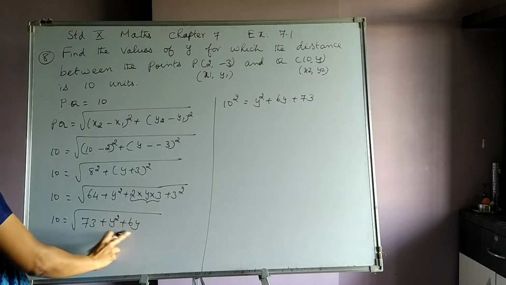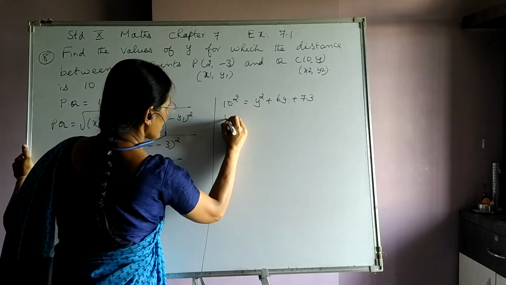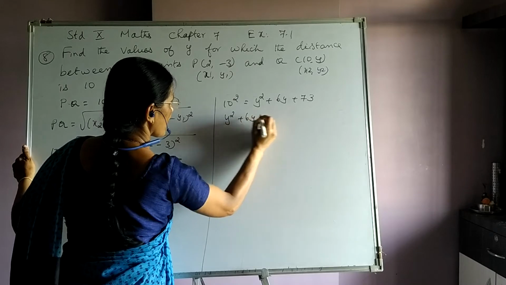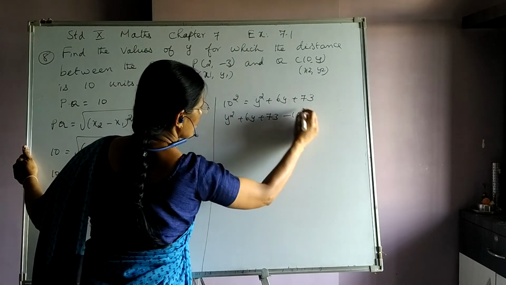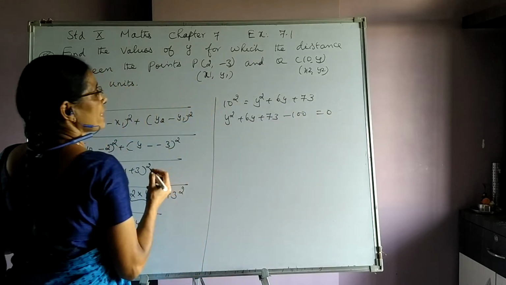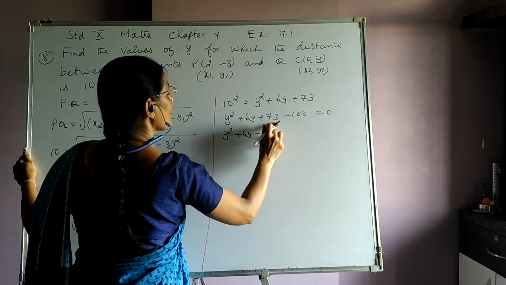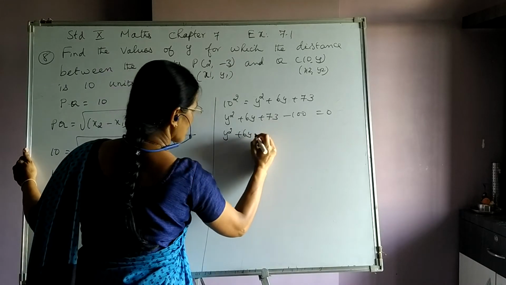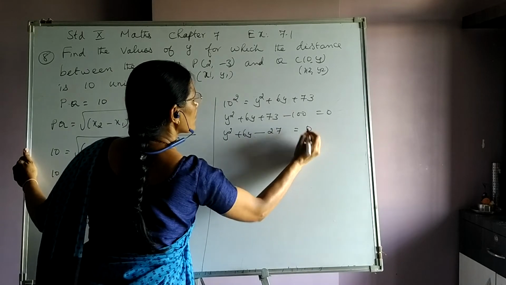I have written in the standard form: y square term, then y term, then the constant term. So y square plus 6y plus 73. 10 square becomes 100. It goes to the other side, therefore it becomes minus 100. So it is y square plus 6y plus 73 minus 100. So the result will be y square plus 6y minus 27 equal to 0.